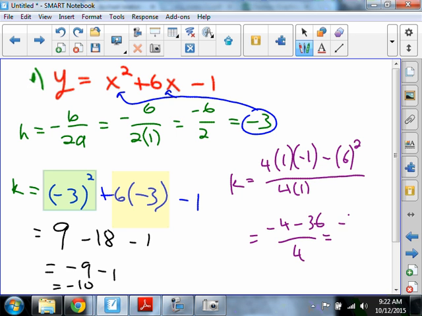That's -40 over 4, and that's -10. It doesn't matter to me which way you use. There are benefits to each. An advantage to using the f of x is as long as you know how to find h, you can find the other one.